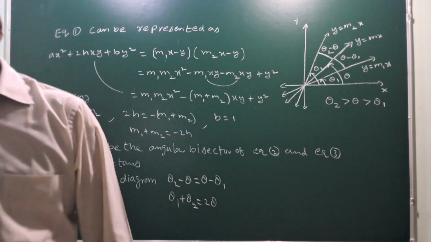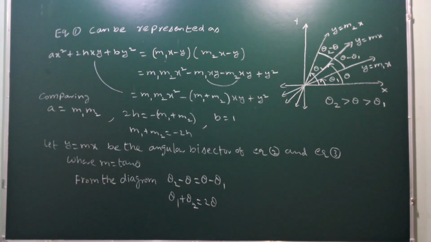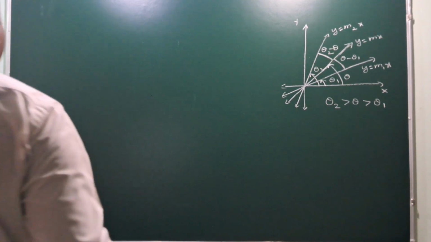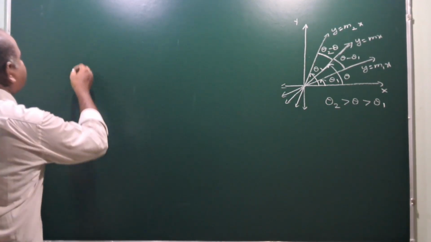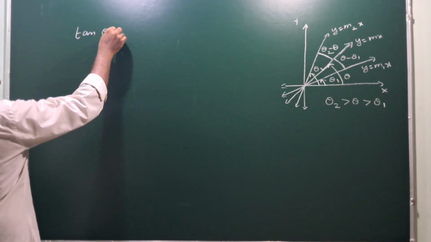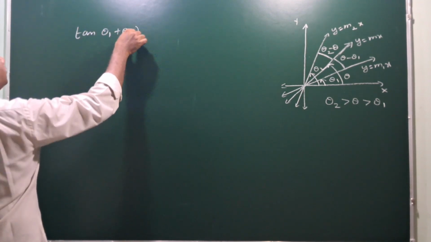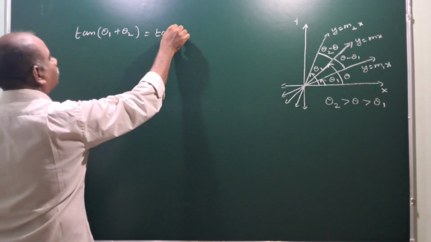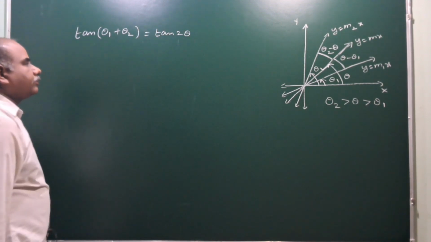Let us see that. Continuation. So apply tan on both sides: tan of theta 1 plus theta 2 is equal to tan 2 theta.